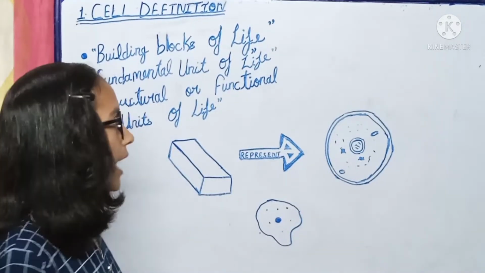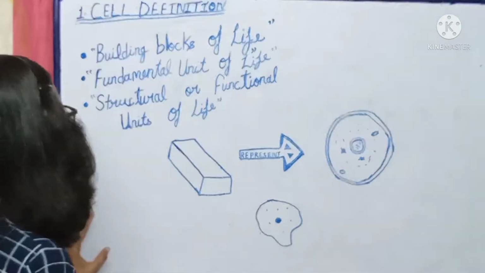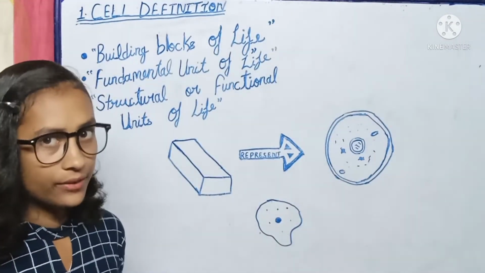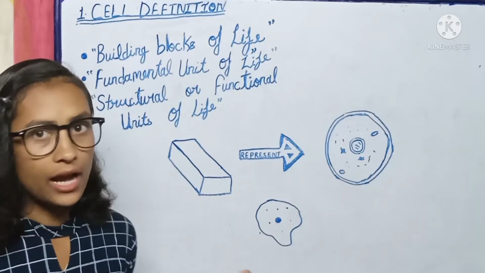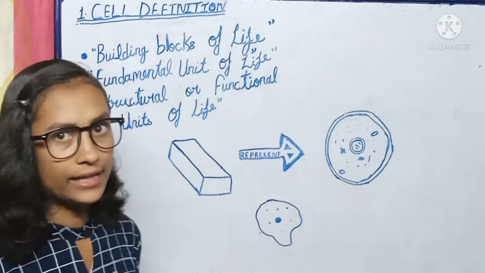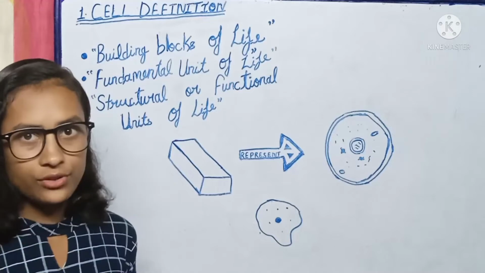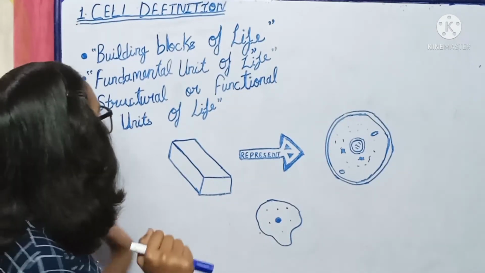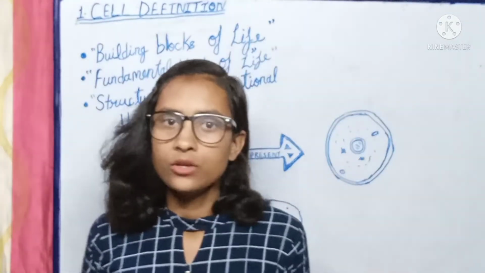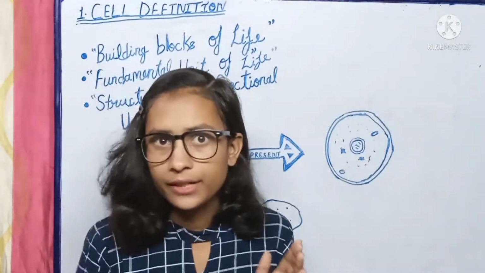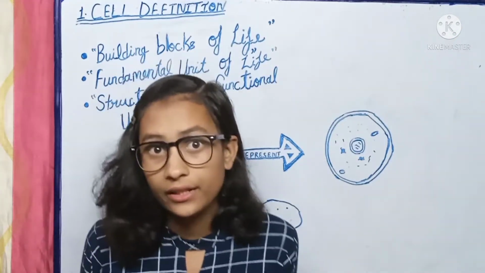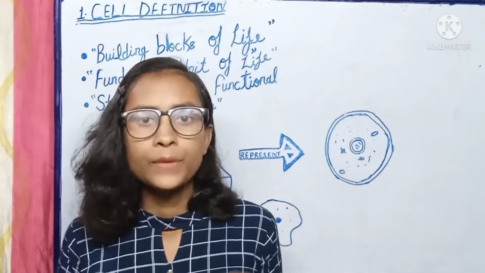Okay, so now I write some definitions of cell. There are 3 definitions given in NCERT, that's why I understand it's important and I write them here. So let me read what this is. So first is building block of life. Let's break it into its 3 parts. First is building block. Why is it called the building block of life?